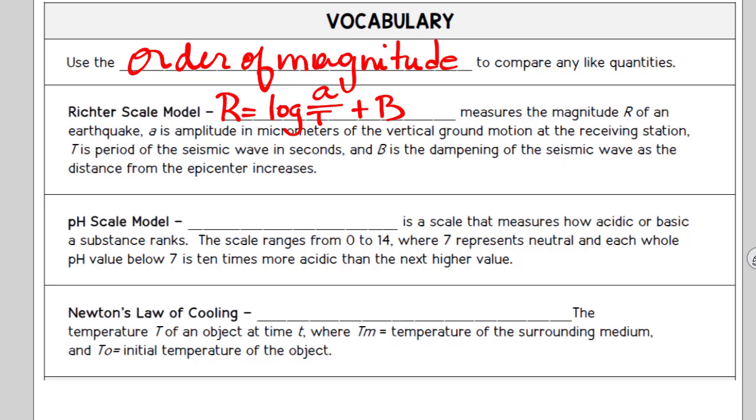So these are values that we would be looking for in our word problem. But this is our model for a Richter scale.